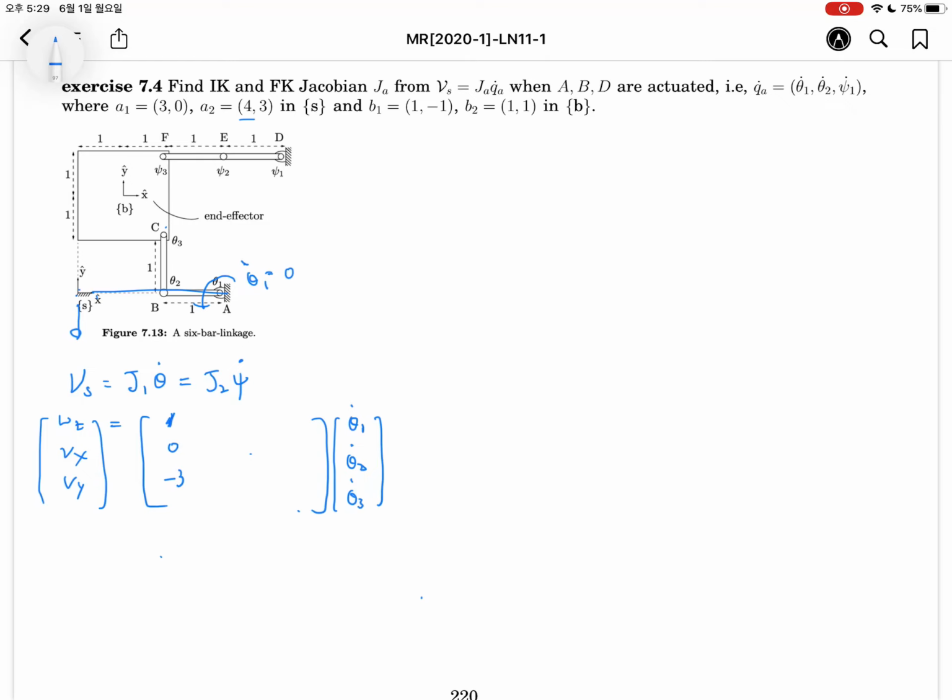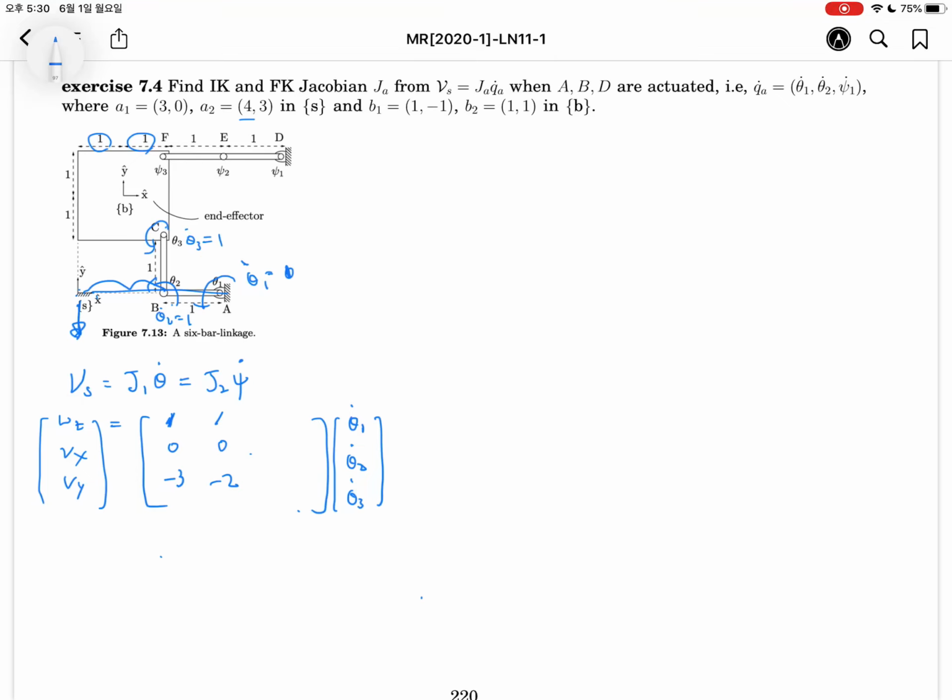The second column is related to theta 2 dot. Theta 2 dot here will be chosen as 1. I'm sorry, this is 1. And then the same, a minus y directional linear movement will appear. So 0, minus 2, because this is adding a 2 element. The third column will be related to this one.